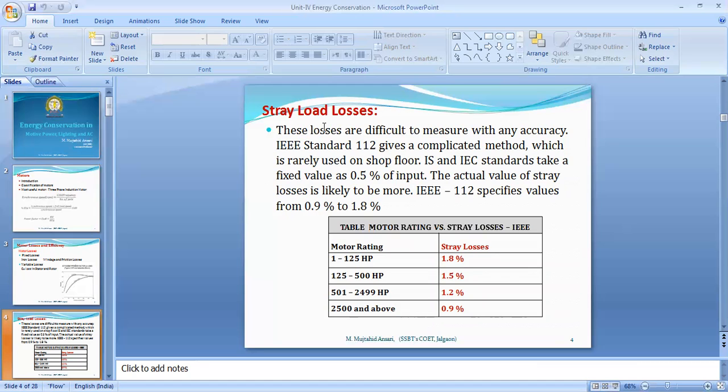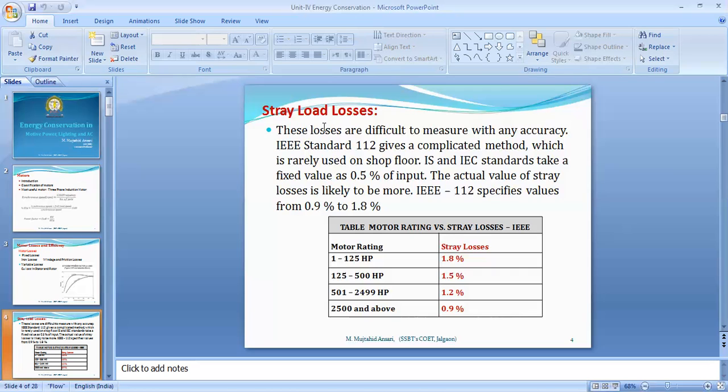It is recommended that up to 125 HP, the stray losses should be 1.8%. Out of the total losses, 1.8% is the stray losses. Whereas if the capacity of the motor increases, from 125 to 500 HP, the stray losses should decrease to 1.5%, and similarly 1.2% and 0.9%.